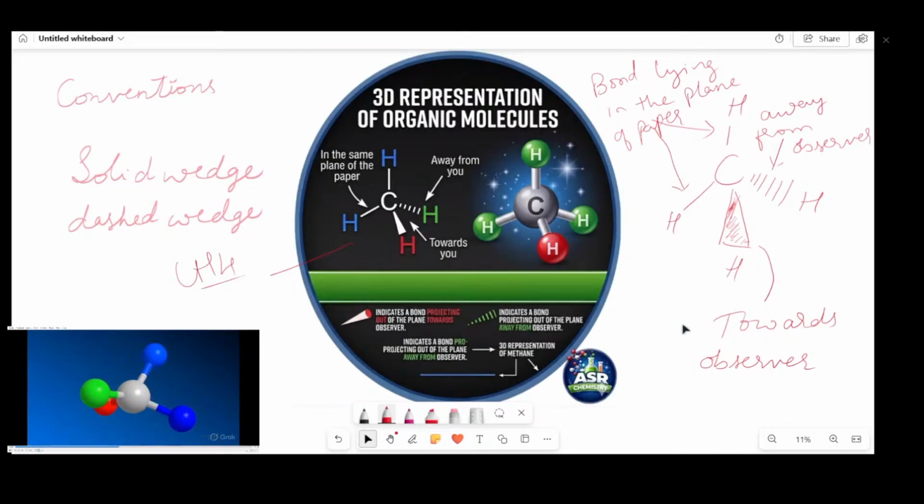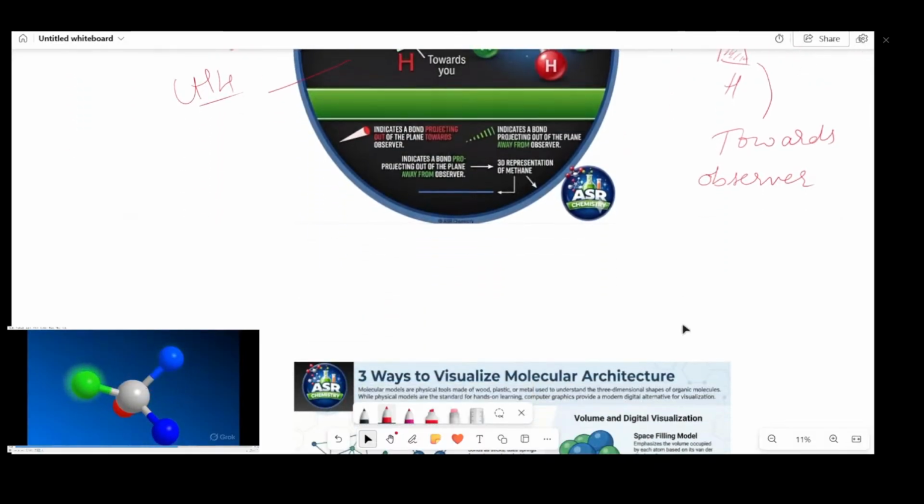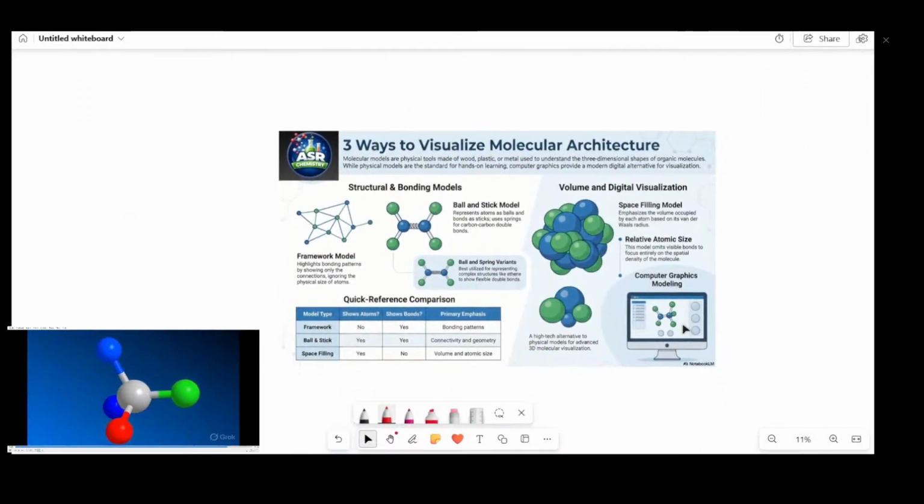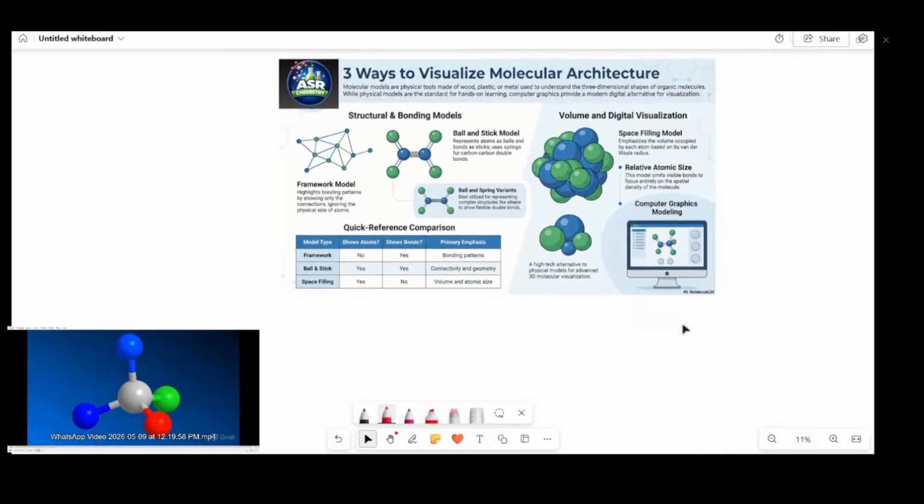Now let us see, there are some more different ways of representation. There are three ways to visualize the molecular architecture. We can use physical devices for better visualization and preparation of 3D structures of organic molecules.